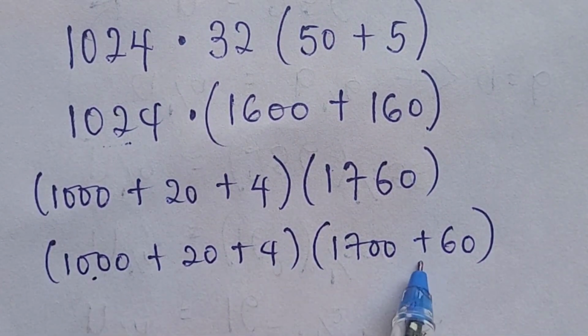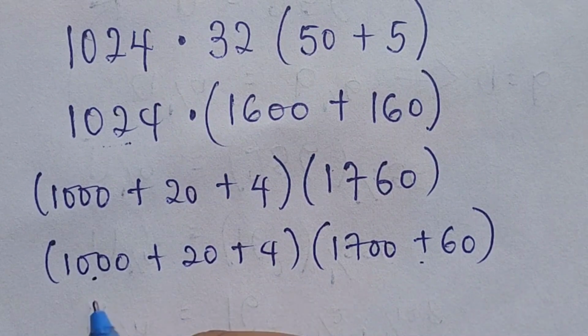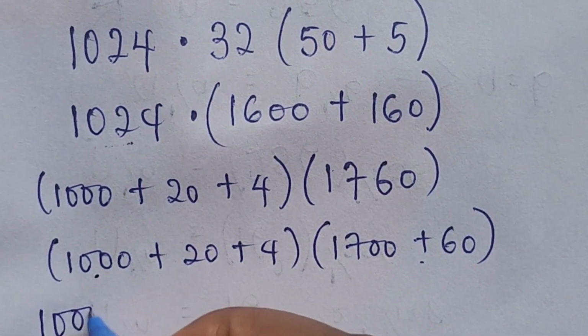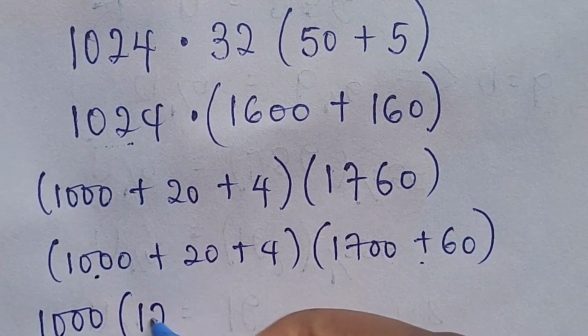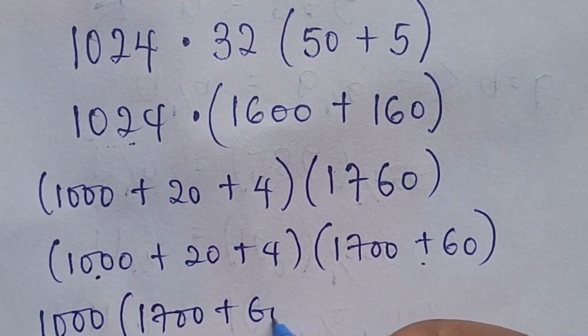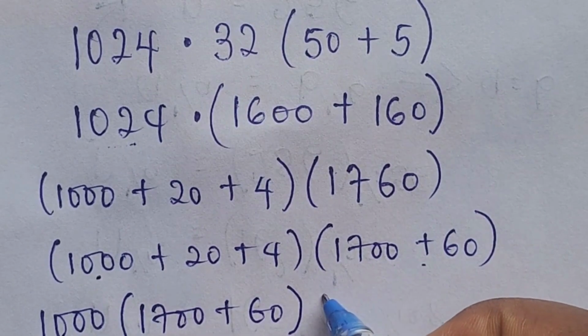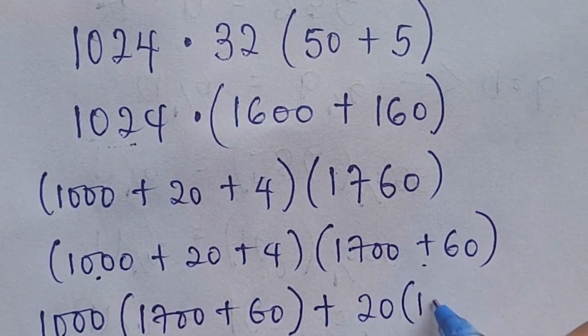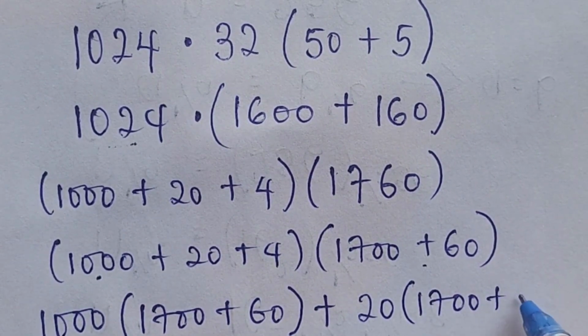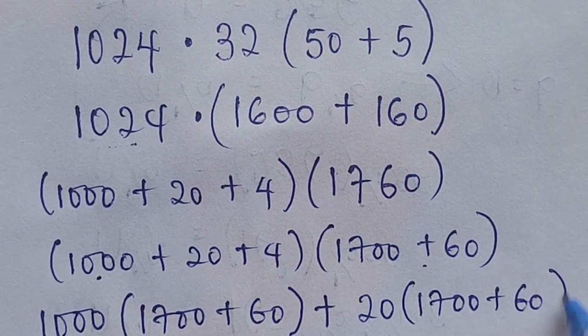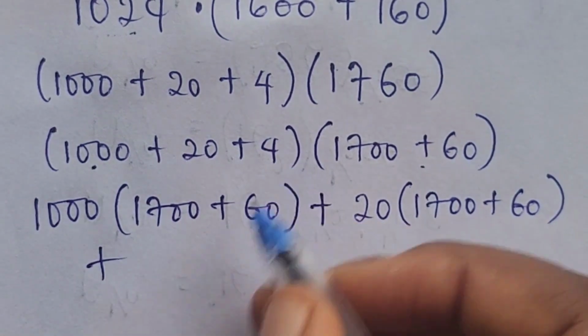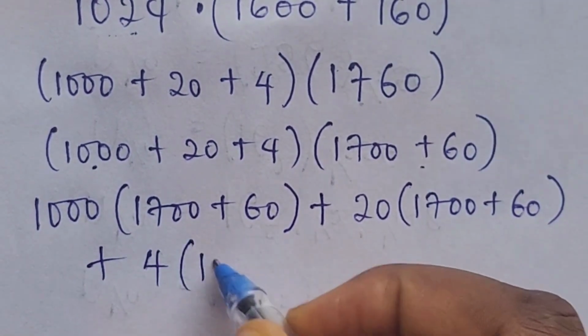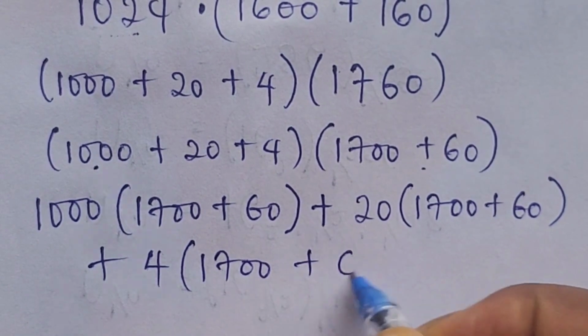So we'll be multiplying one at a time. We'll have 1000 times 1700 plus 60, plus we have 20 here times 1700 plus 60, and we have 4 here times 1700 plus 60.